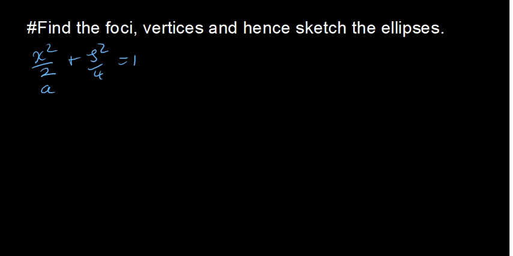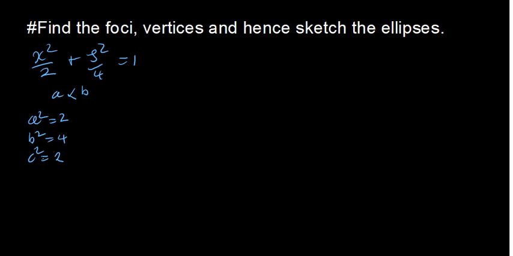The first thing that I observe is that a is smaller than b. My a squared is equal to 2, my b squared is equal to 4. So my c squared is going to be equal to b squared minus a squared, which is simply going to be 2.